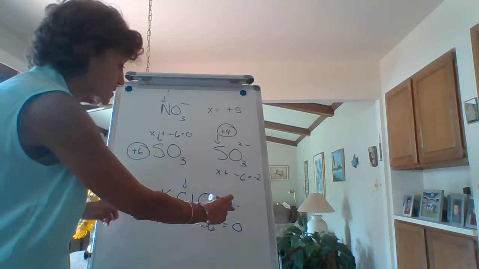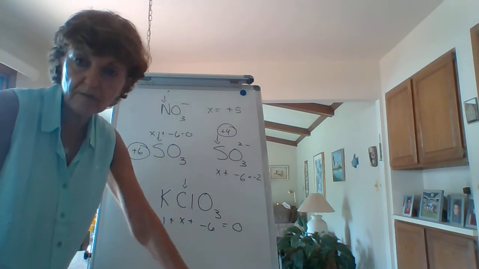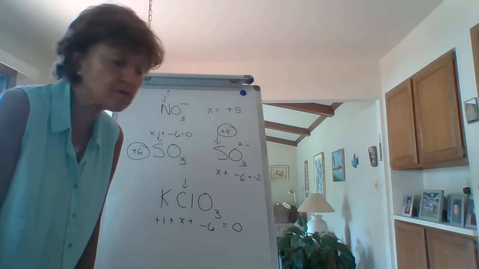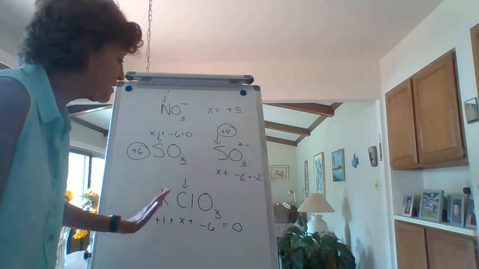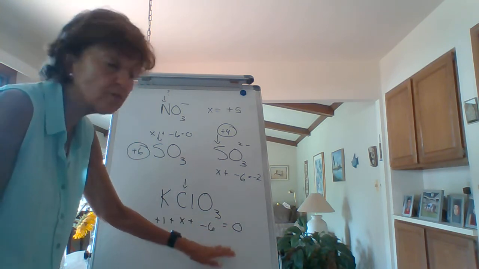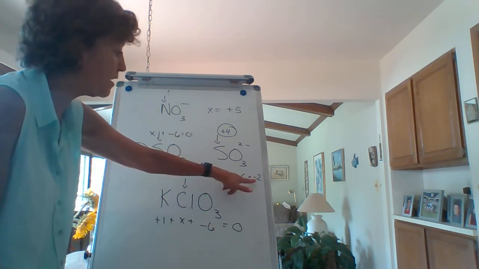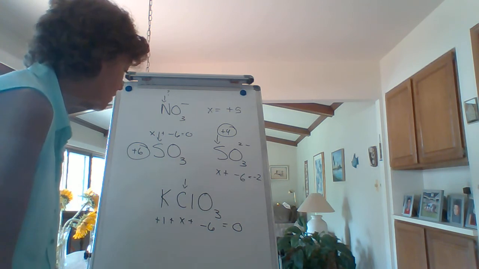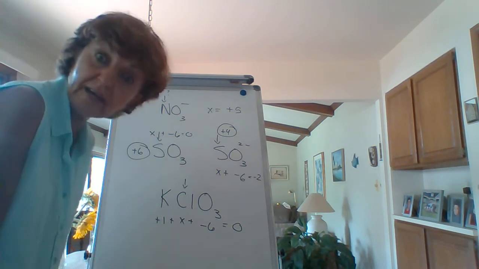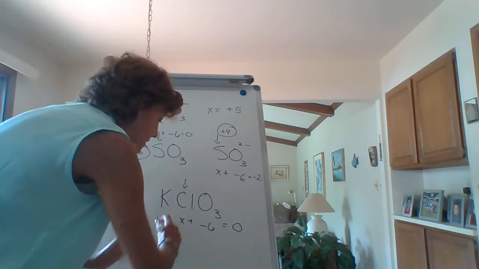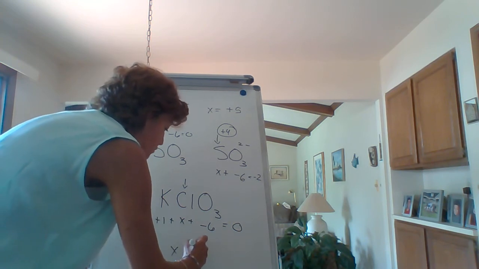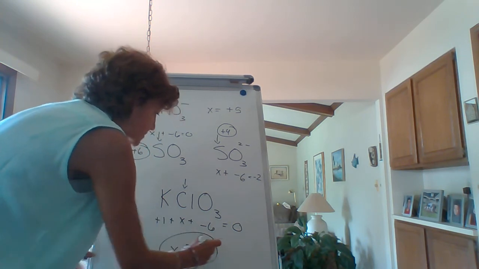Why 0? Because it's a neutral compound. The sum of the oxidation numbers is going to equal 0. The only time the sum of the oxidation numbers is not equal to 0 is if you have a polyatomic ion. All right, so what would x be? X, and again, manipulate the equation. X would be equal to +5.